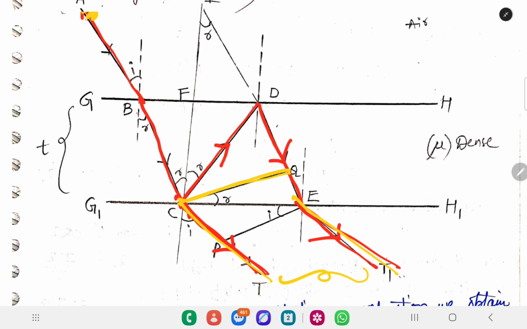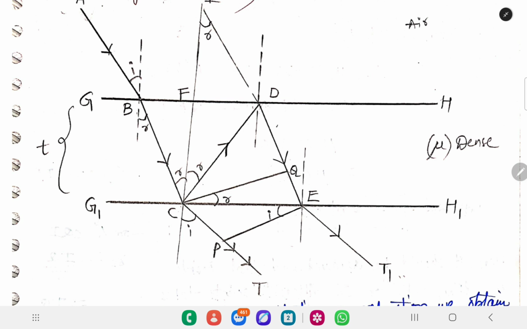Next we also draw DE. We draw normal CQ on DE, and EP is drawn normal on CT.